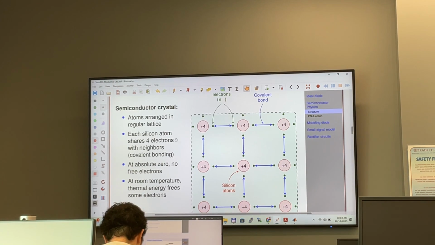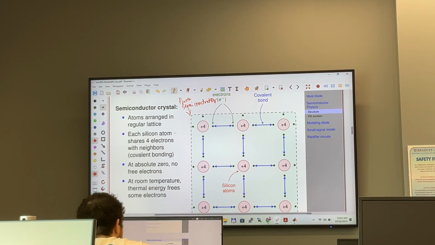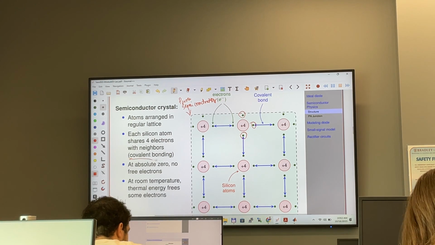Now, a semiconductor is a pure semiconductor crystal, where atoms are arranged in regular layers, and each atom has 4 electrons holding it. Each silicon atom shares 4 electrons with its neighbors, forming covalent bonds.